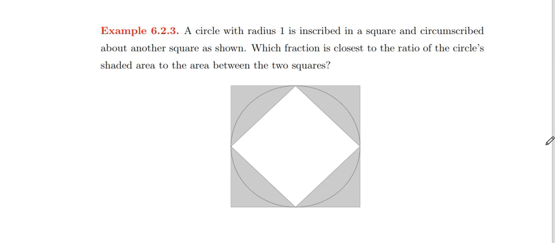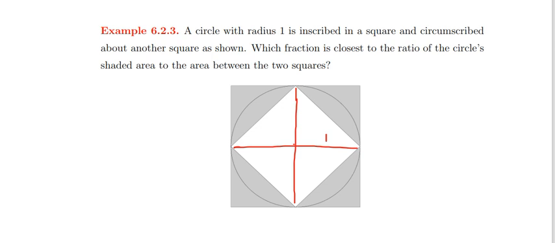Okay, so this is a circle with radius 1 inscribed in a square, and circumscribed about another square. So this is 1. We have this square with radius 1, and then we have this small square and this big square.